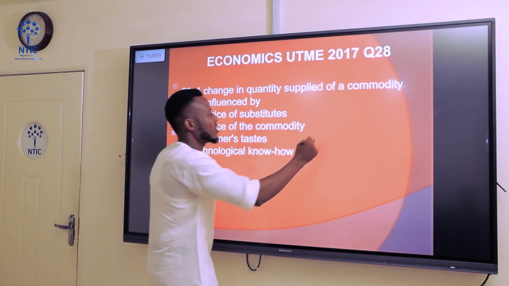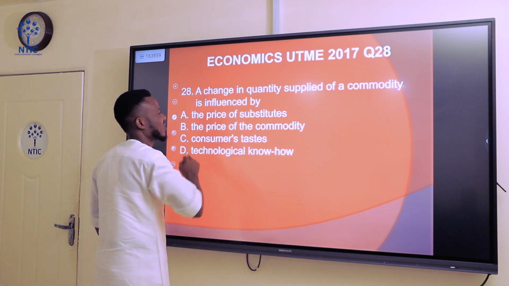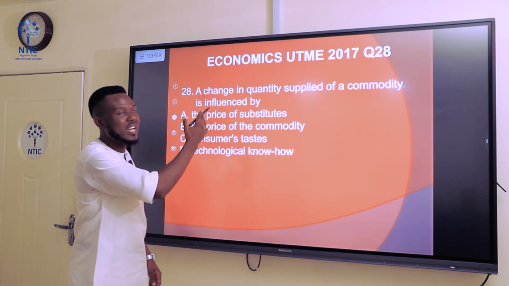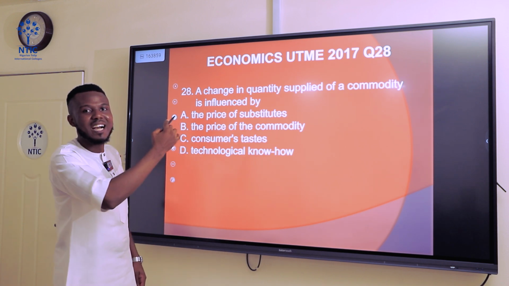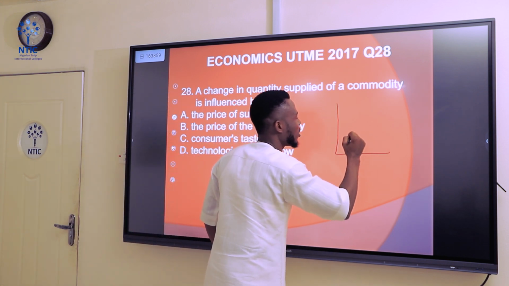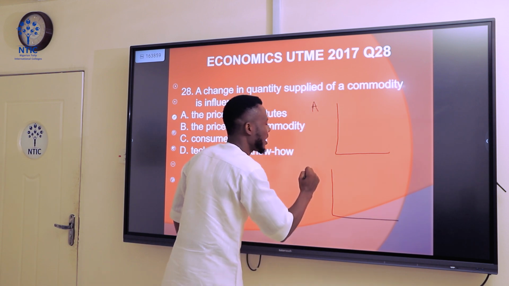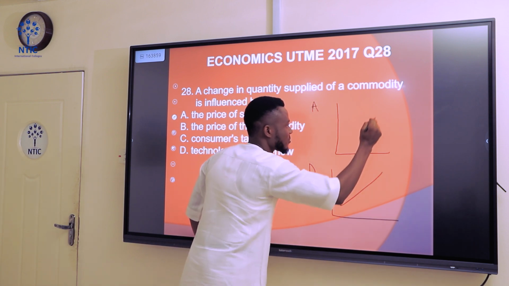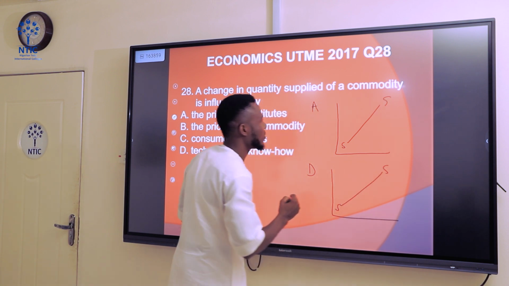Now, to describe clearly the difference between a change in quantity supplied and a change in supply, we can look at them in form of two distinct curves, curve A and curve B, all having the supply curves.